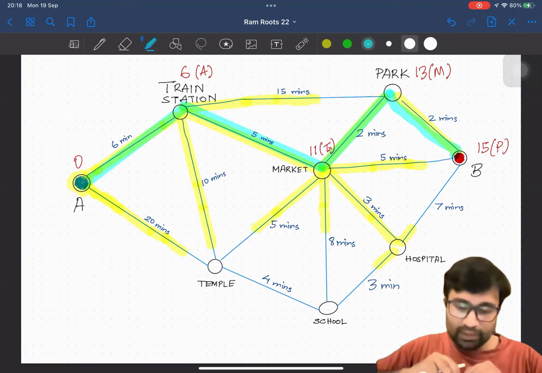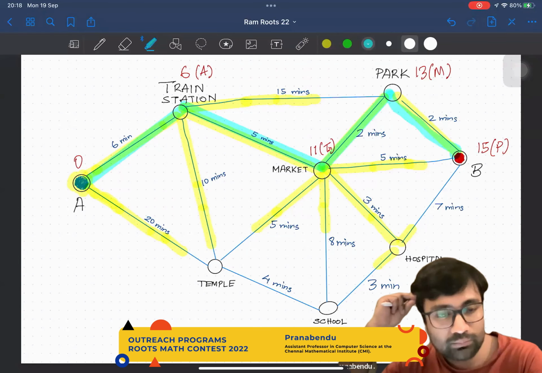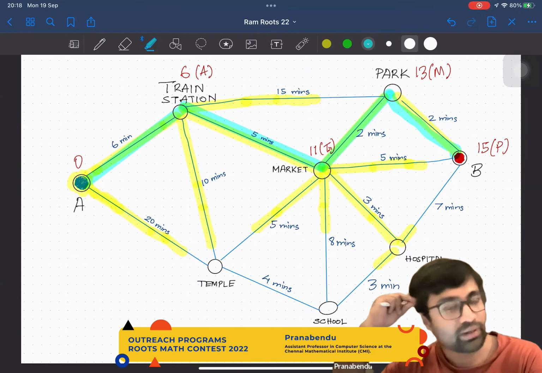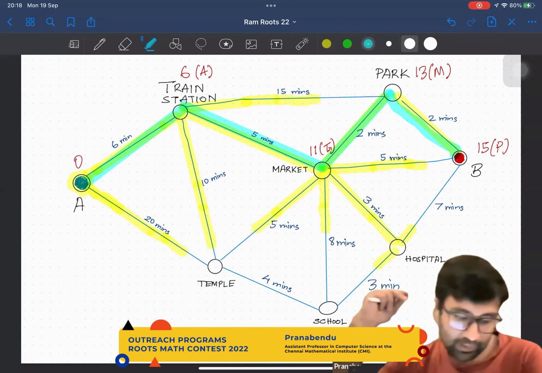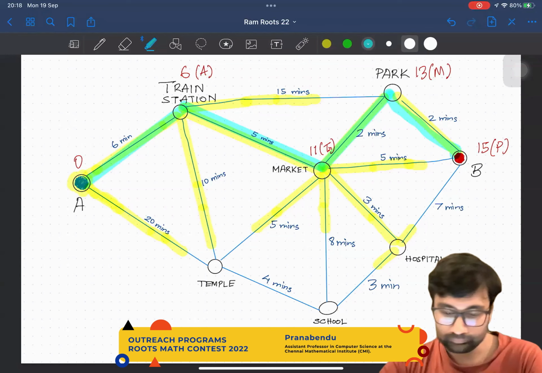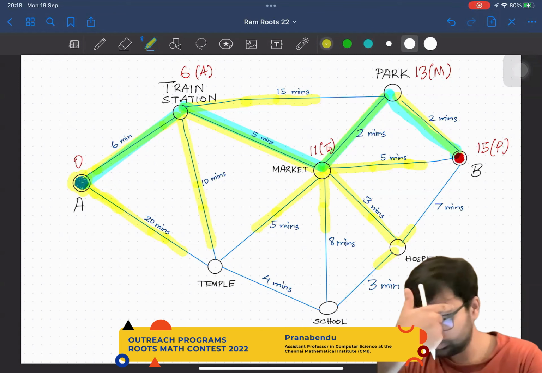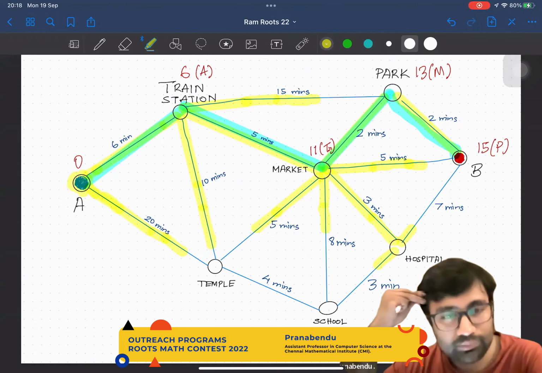And because the fire is spreading, let's think ahead. The fire from the train station should reach the temple at what time? Sir, I think it's only 15 minutes. From A to temple, it will be only... Can you repeat?